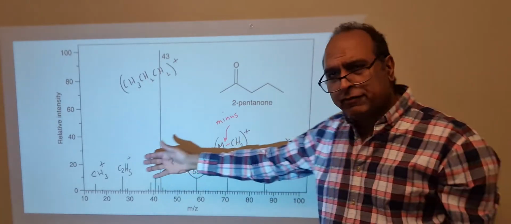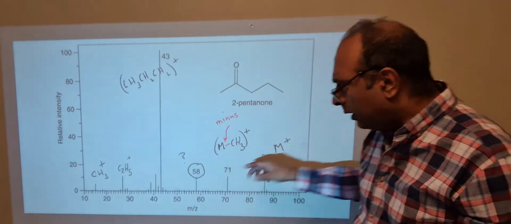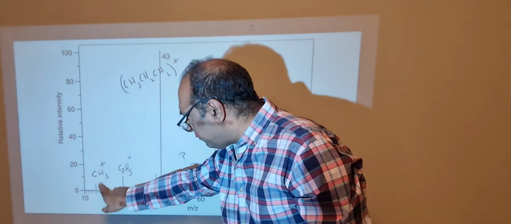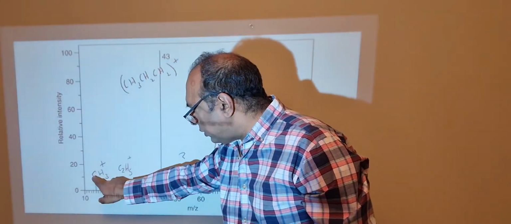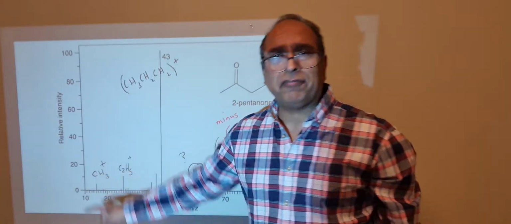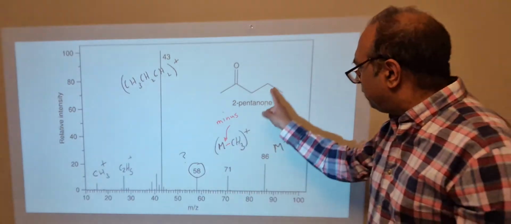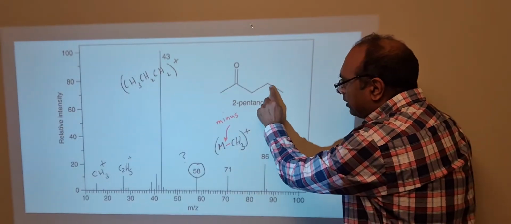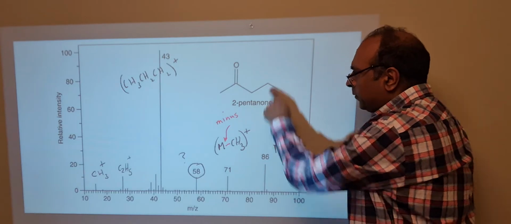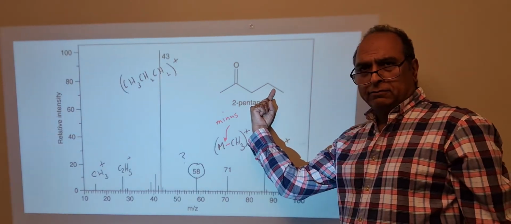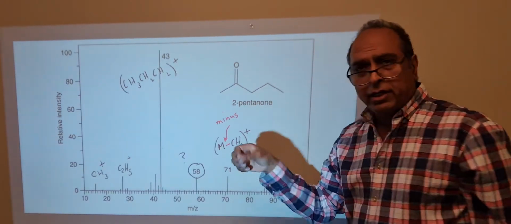Well, let's try and identify some of these other peaks. There's a peak here at 15, 12 and 3, CH3 plus. That is a fragment. So if that bond breaks there, then the CH3 will show up as a fragment.